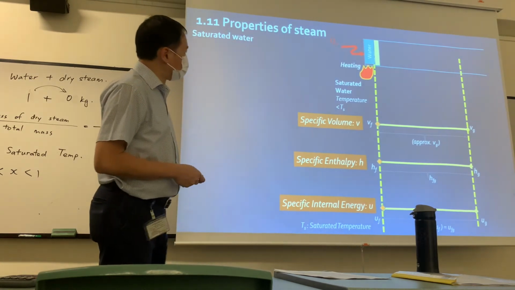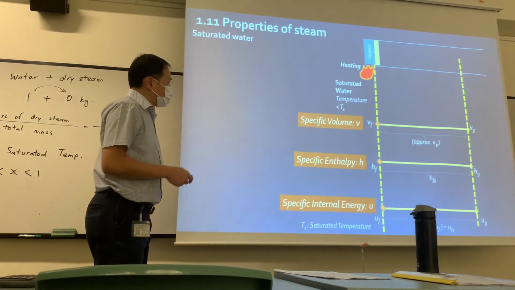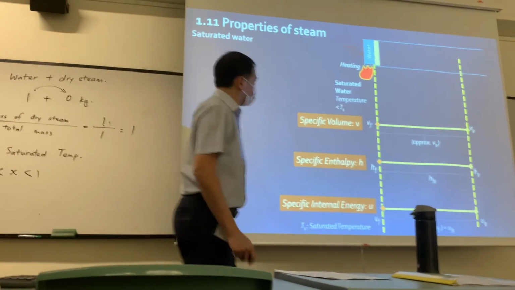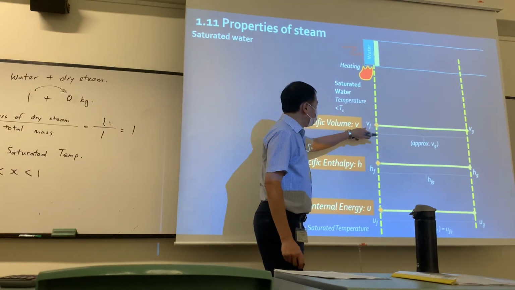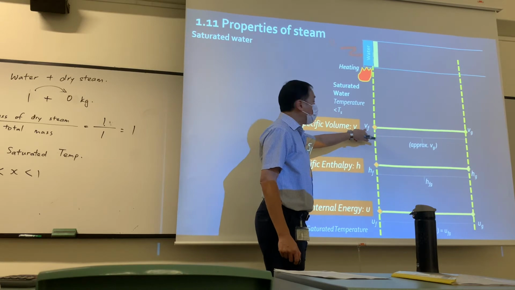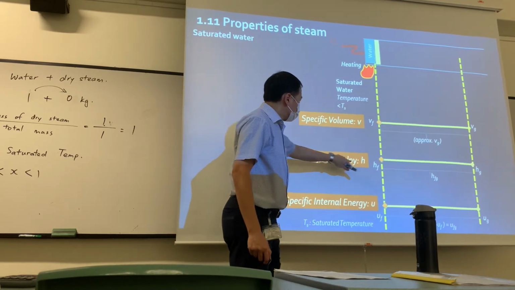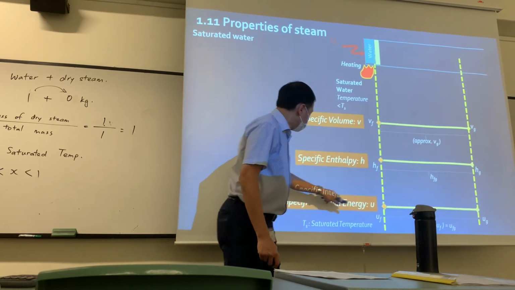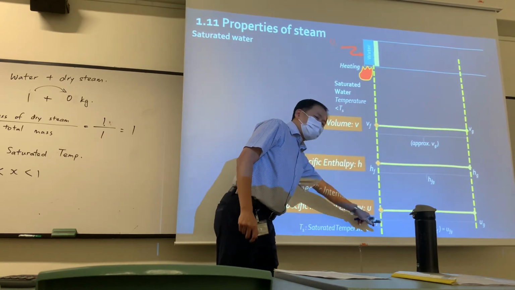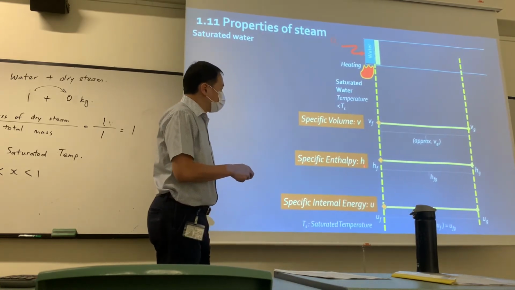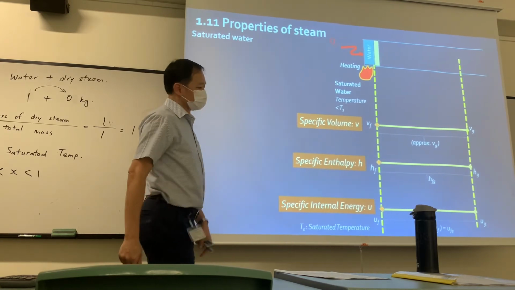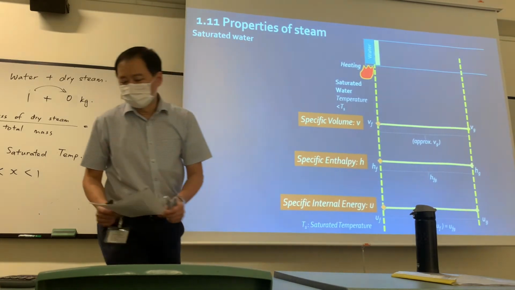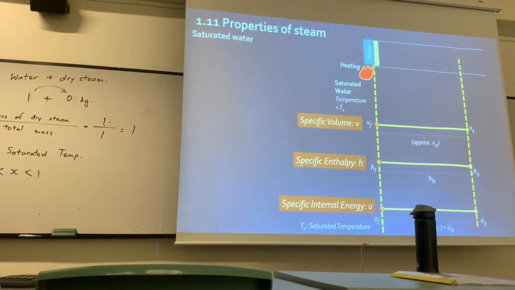The properties are all the F. So volume is Vf, enthalpy is Hf, internal energy is Uf. So Vf, Hf, Uf. Where can you see these figures? In your steam table. In case you are not aware, let me show you.